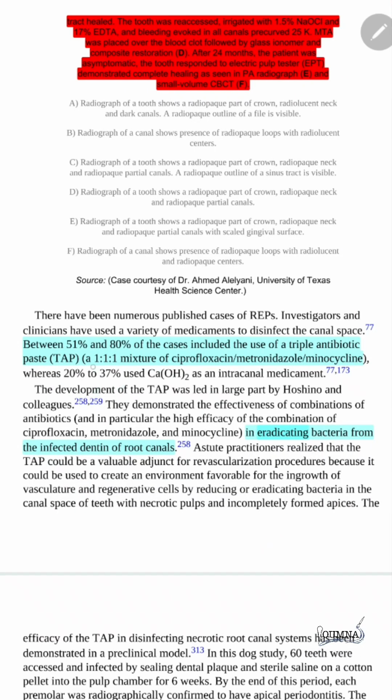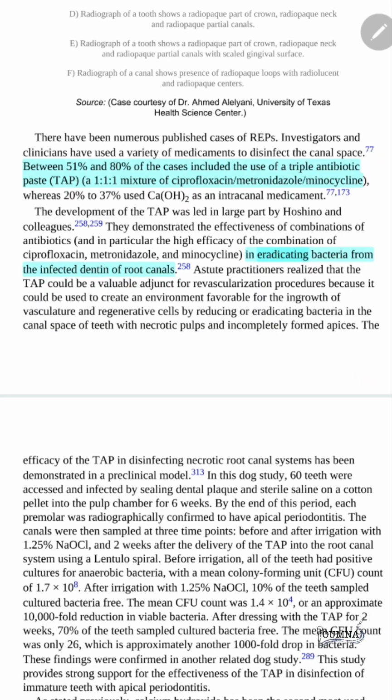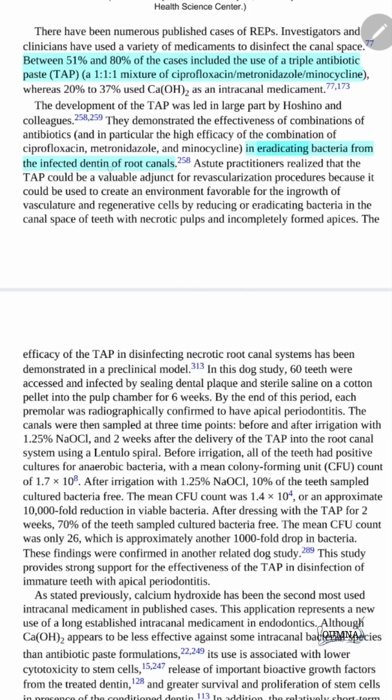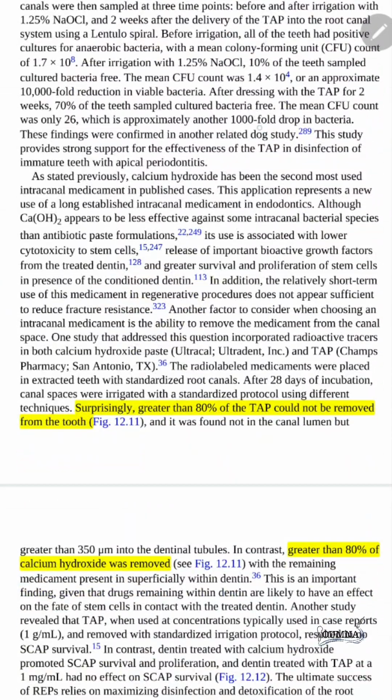Also, we can use as an intracanal medication the triple antibiotic paste instead of the Vitapex, which is a mixture of 1:1:1 ciprofloxacin, metronidazole, and minocycline to eliminate the bacterial presence in the dentine root canal.